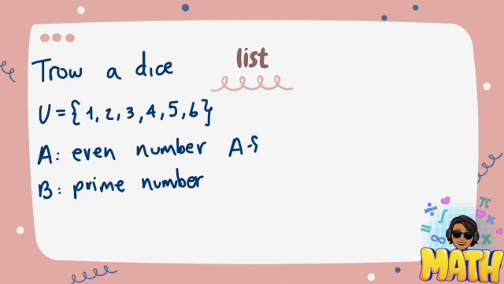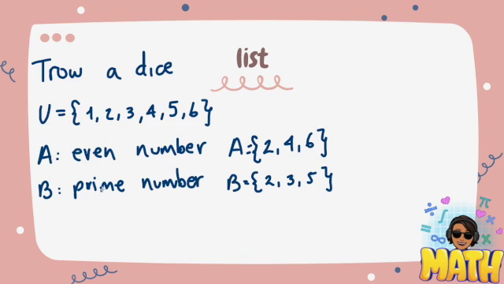So, the outcomes that belong to A are 2, 4, and 6. Now, the outcomes that belong to B are 2, 3, and 5.